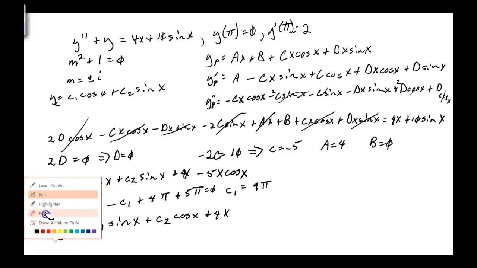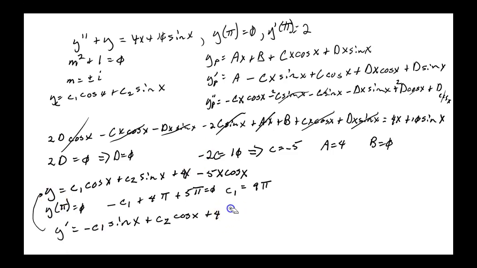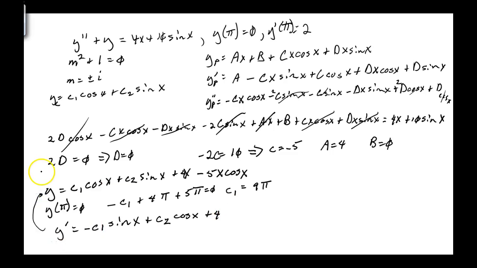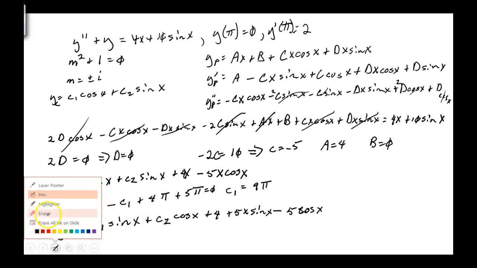My screen kept disappearing on me. I got lost what I was doing. Okay. Plus 4, okay. And then what? Plus 5x sine x minus 5 cosine x. Okay, let me see if I can clean that up a little bit.